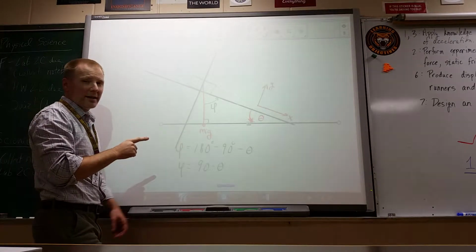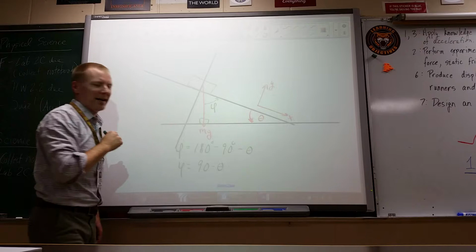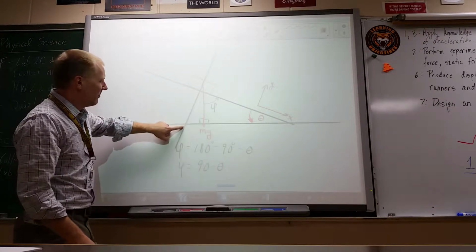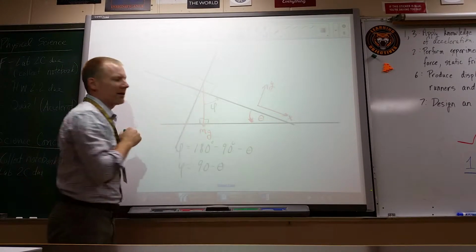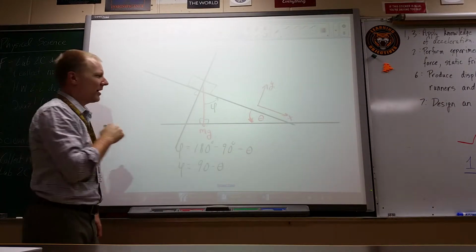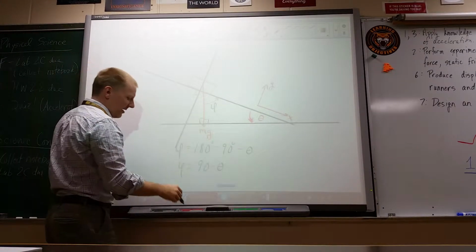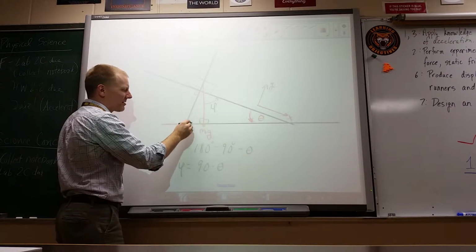Okay, so now let's look at this. This is a right angle right in there. I want to look at my big triangle now. If I look at my big triangle, I just made this perpendicular, right? So I've got one side that's theta, one side that's 90. That means this must be the same. This must also be phi.